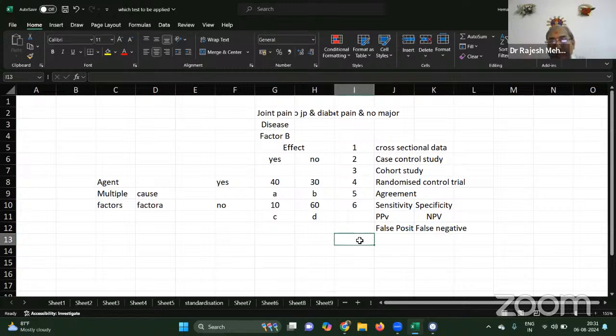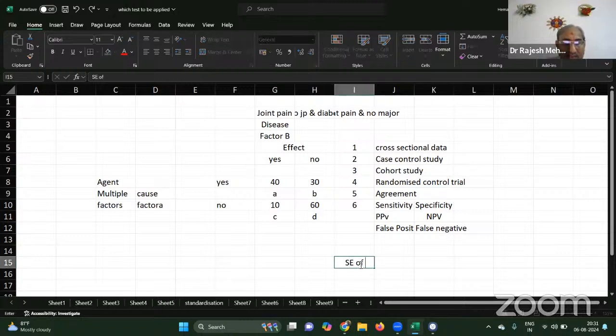But then if such data is there and you want to apply a statistical test, whatever it may be, except in case of agreement, when you can go for the kappa test, otherwise the standard error of difference between two proportions is universally applicable. This you can apply in this 2 by 2 table.